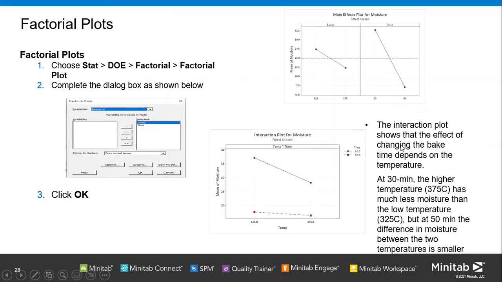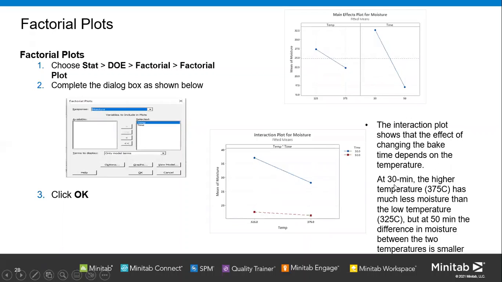The interaction plot shows that the effect of changing the bake time depends on the temperature. You can see there are differences. When the temperature is high and your time is low, the moisture is lower than when the temperature is low and the time is higher.